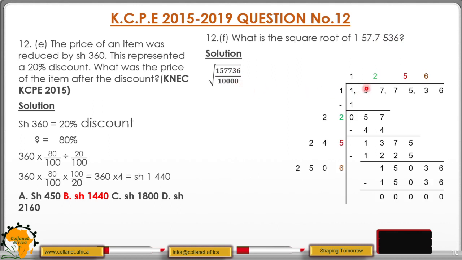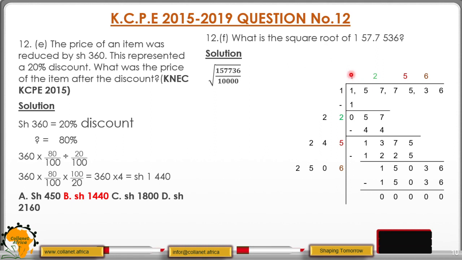In this case, you pair from this end, starting from the right. You always start from that end. Then you first consider the digit left alone. Which number do you put here such that when you multiply the two similar numbers, you get 1 or something close to 1 but less than 1?